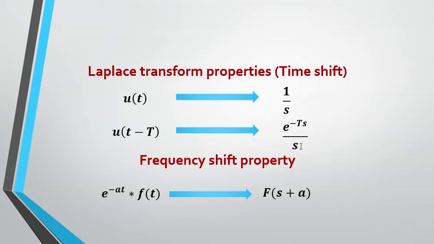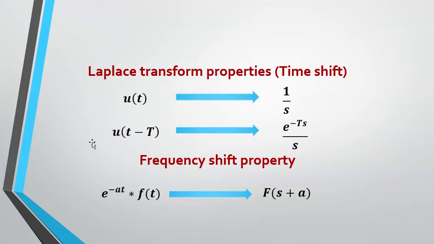What changed here? Before, when I had u(t), my Laplacian was 1 over s. Here, this shift by capital T just multiplied the answer by e to the power of minus capital T s.